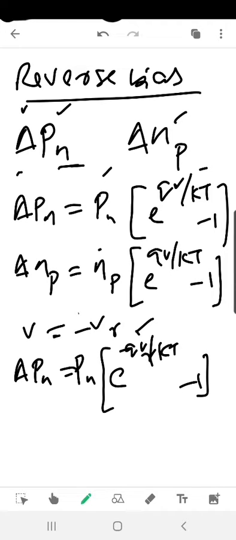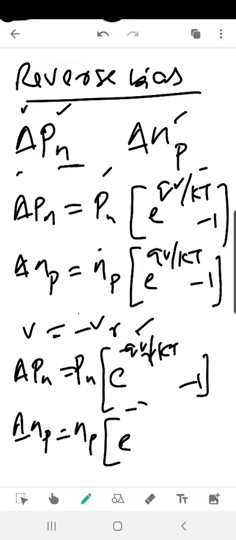And similarly delta Np equals Np times e raised to the power minus qVr divided by kT, minus 1.